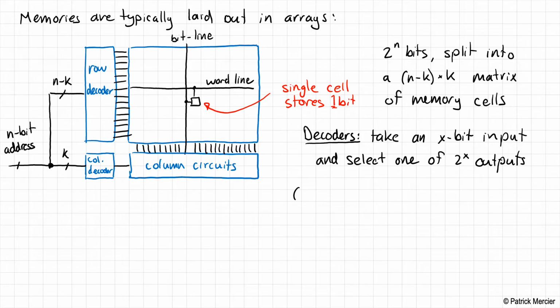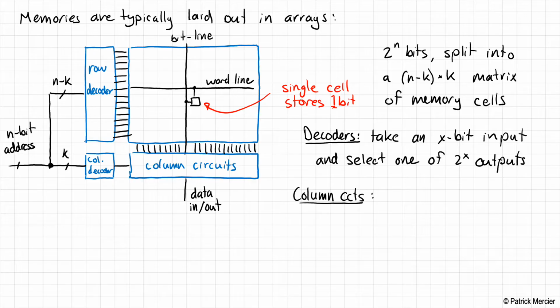We also have things called the column circuits. So what the heck are these? Interestingly, the column circuits are used for read and write, and I suppose I should complete the drawing here. Then we have data coming in or possibly going out, depending on if we're reading or writing into the memory.